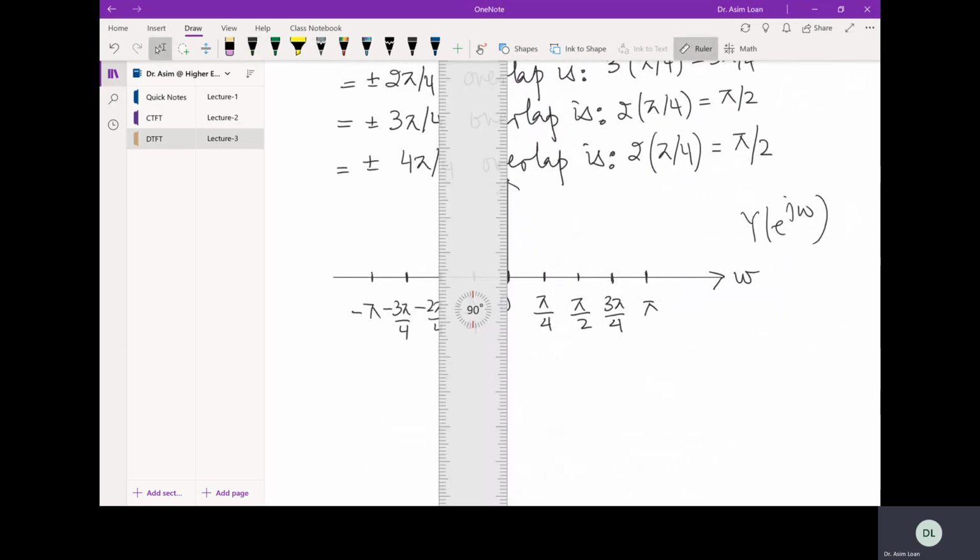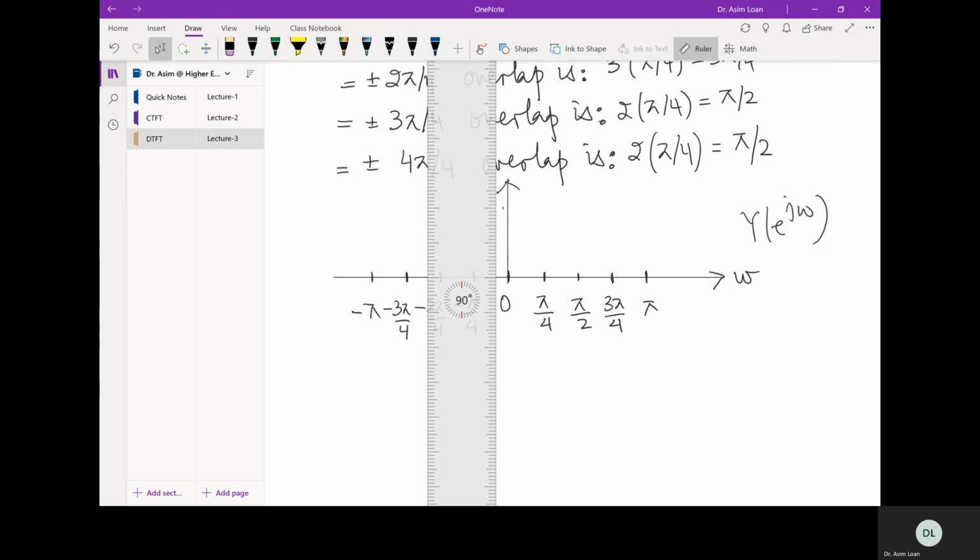So let's say this is 0, this is pi by 2, and this is pi by 4.